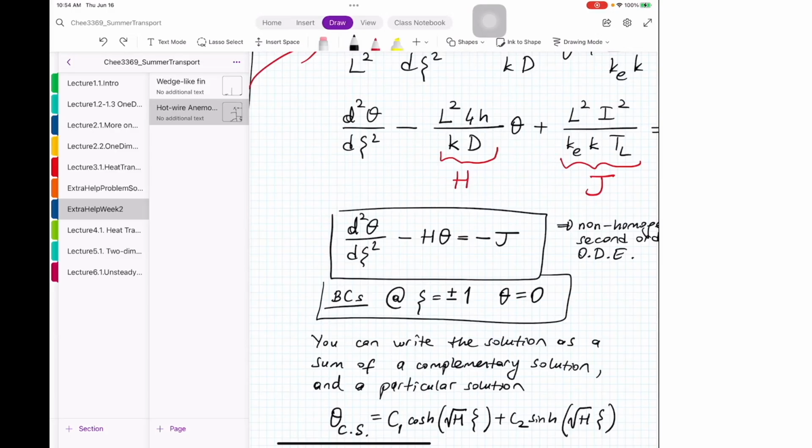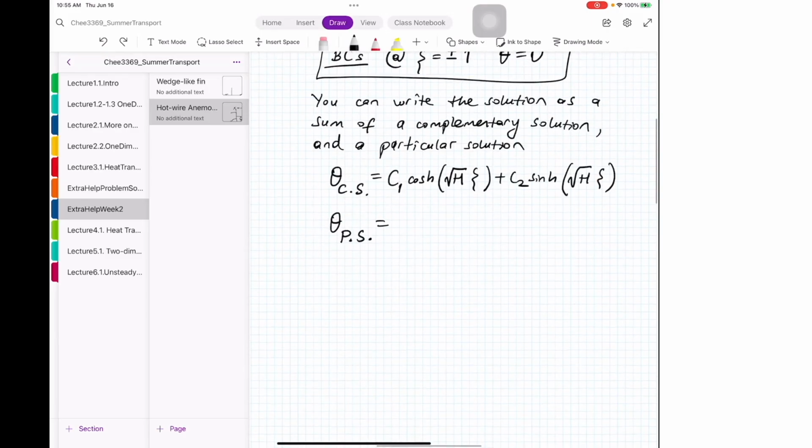If you plug in j over h here, you see that this will be equal to this, and then this is going to be 0. So j over h must satisfy this equation as well. A particular solution that satisfies. From observations, we get j over h, a constant number.